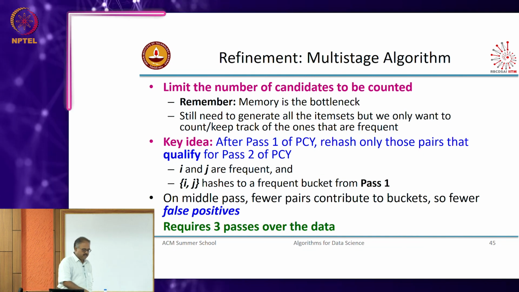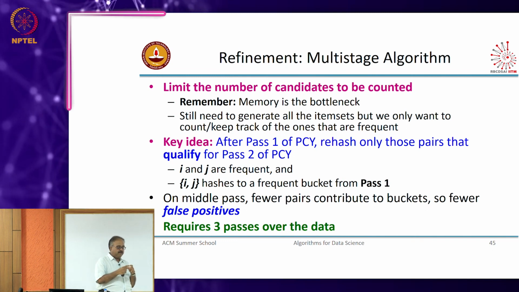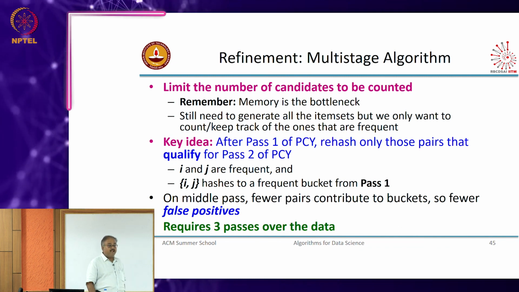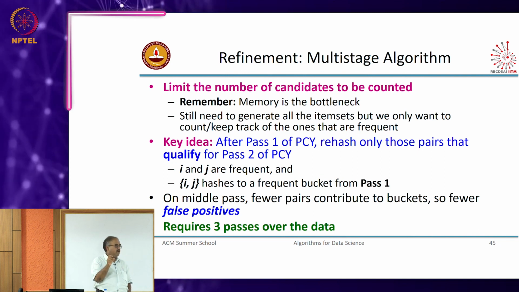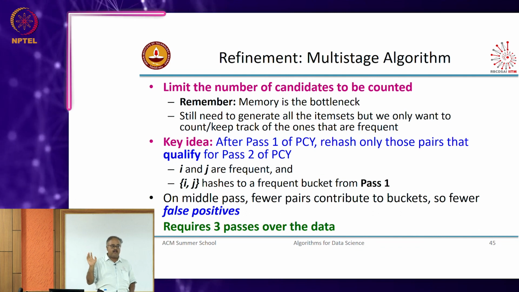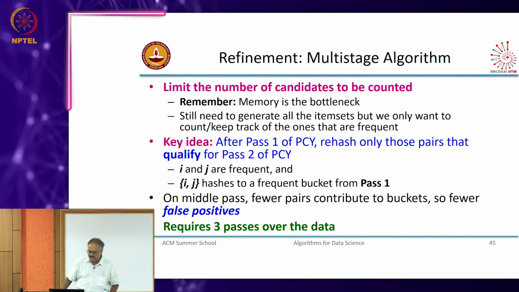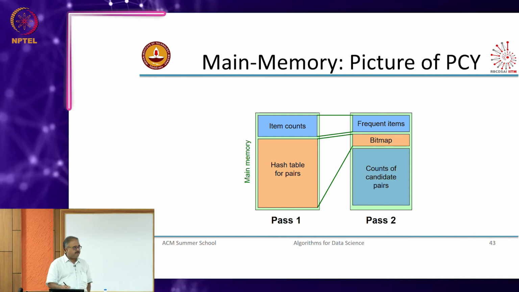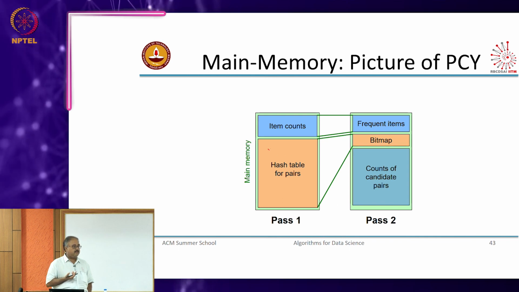So what did we do in the PCY algorithm? In the first pass, we tried to keep track of frequent pairs. Whether a pair is already there in C2 according to the a priori algorithm or not, I was hashing it into a bucket. This bucket hashing happened in pass 1, which means I do not have the counts of the individual items yet.